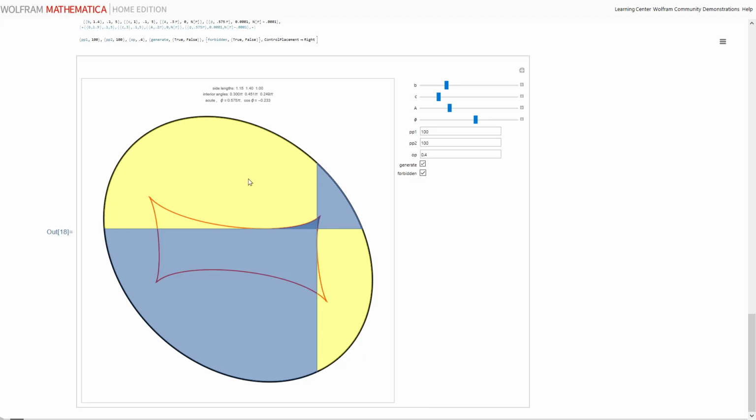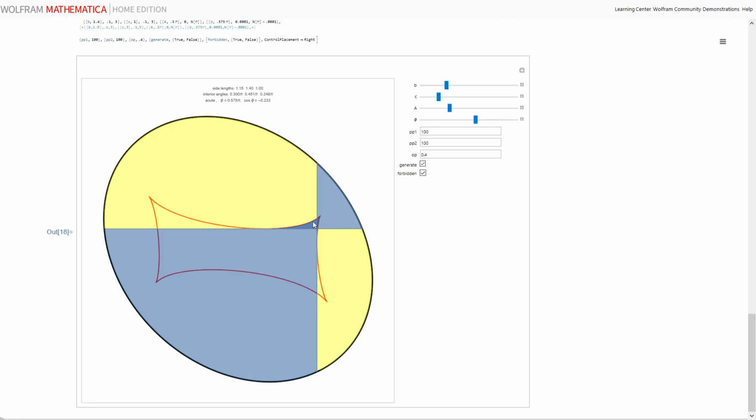And then the yellow region represents where my proposed solution says those are not feasible. And again, it looks like I did that correctly. It seems to partition the interior of the ellipse.